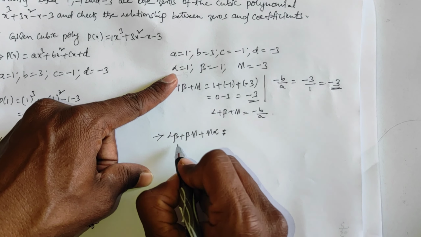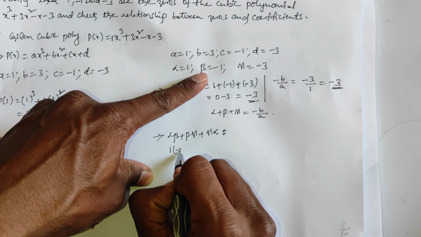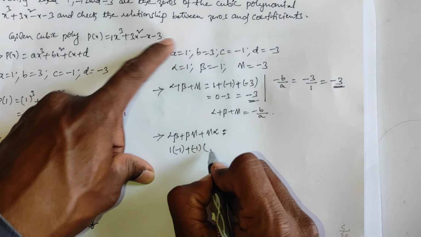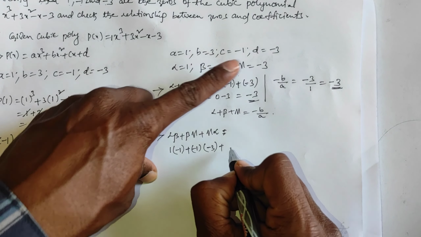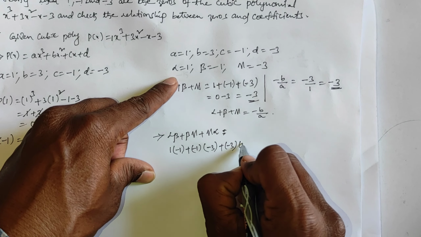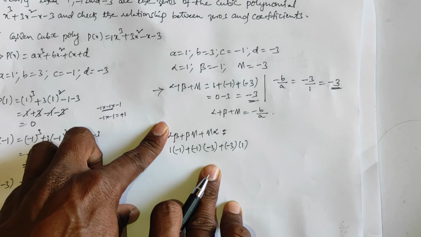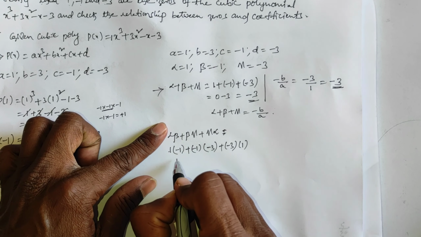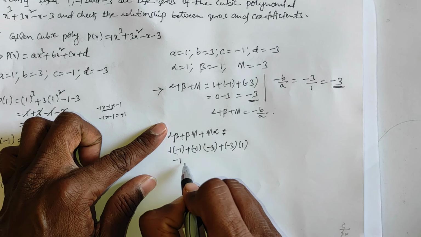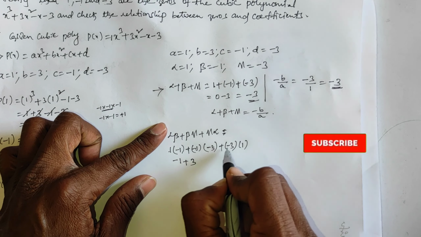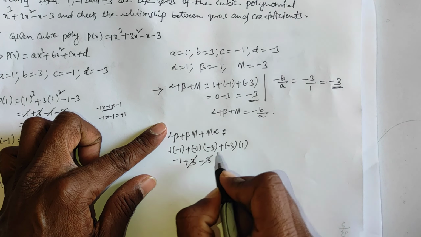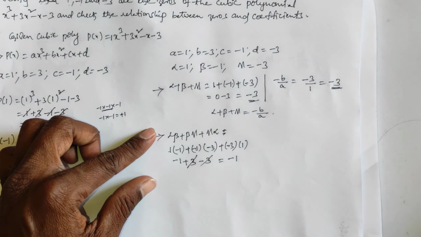Alpha value 1 into beta value minus 1, plus beta value minus 1 into gamma value minus 3, plus gamma value minus 3 into alpha value 1. 1 ones are 1, which is minus 1 since plus into minus is minus. Minus into minus is plus, so 1 3s are 3. Plus into minus is minus, 3 ones are 3. So minus 3 plus 3 cancel. What is the answer we got? Minus 1.